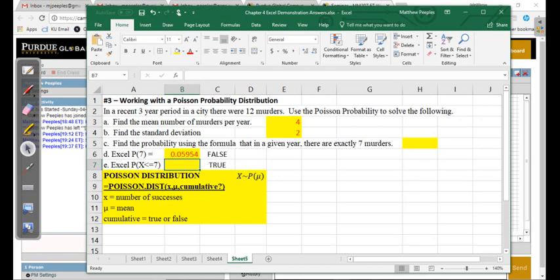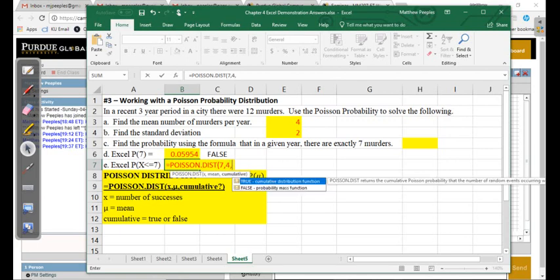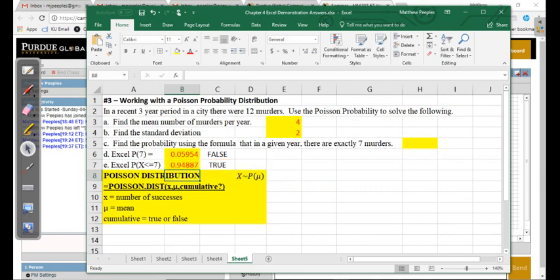Now, on the other hand, let's say that we're asked to find the probability using a Poisson distribution that x is less than or equal to 7 occurrences. Well, in this case, we're going to type in Poisson.dist once again. And we're going to choose 7 as our maximum in this case, 4 as our mean again, and cumulative, well, this time let's go with true. Double click on that if you want, and hit enter, and sure enough, 0.94887.